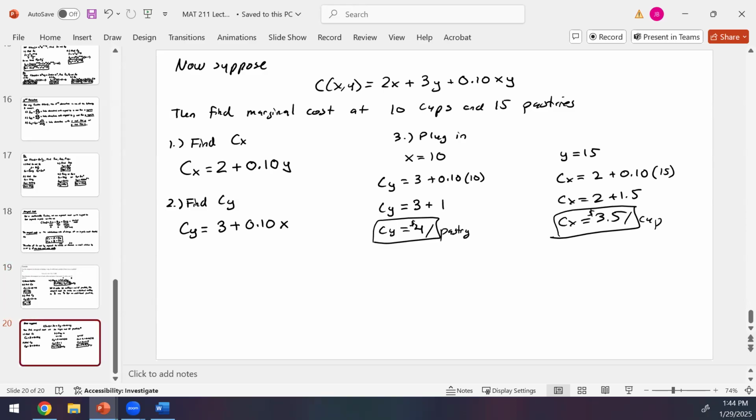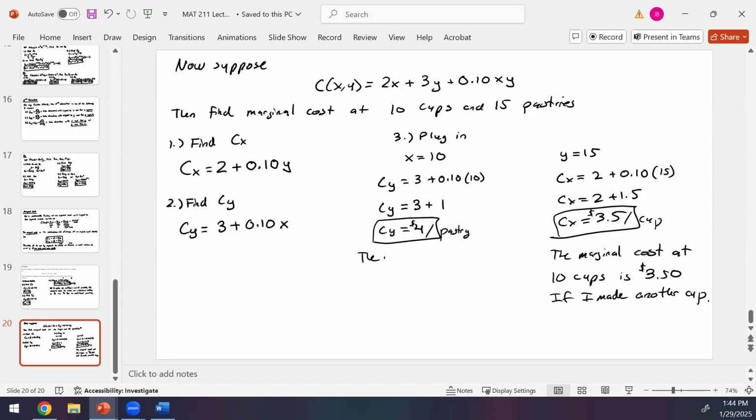So how do you interpret this? If the marginal cost, let's say it that way, the marginal cost at 10 cups is 3.50 if I made one more cup. And technically you should say the word like is approximately 3.50 because it technically is an approximation, but we're not going to be super strict about it.